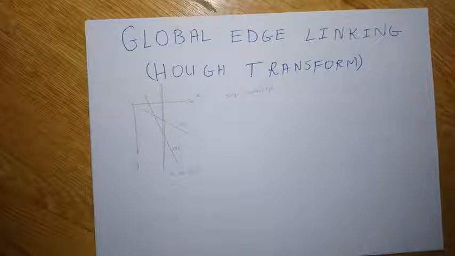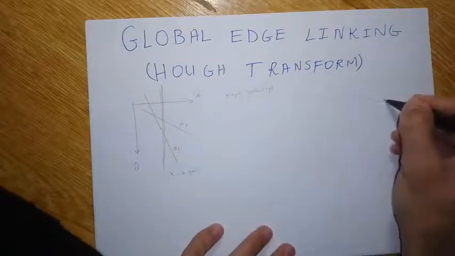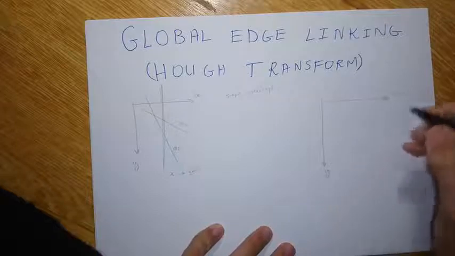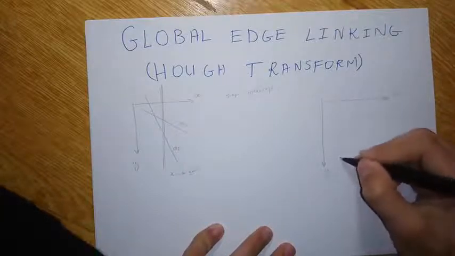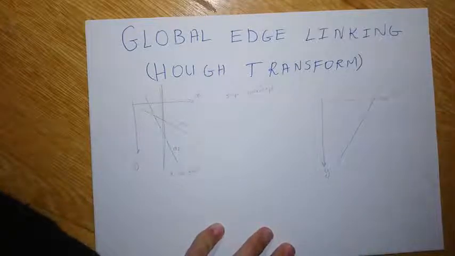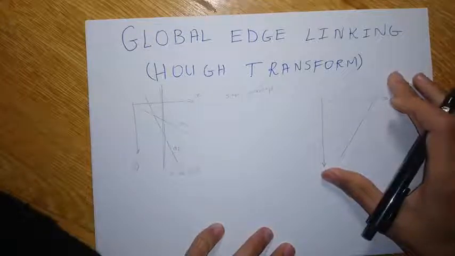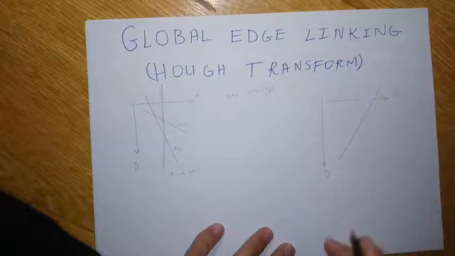So what we do use is another representation. Let's say that I have an image, and I have a line like this one. To represent this line, we use something called polar coordinates, and I'm going to explain that in a moment.